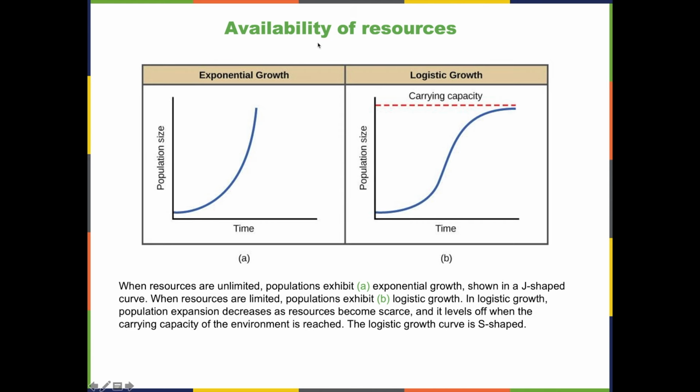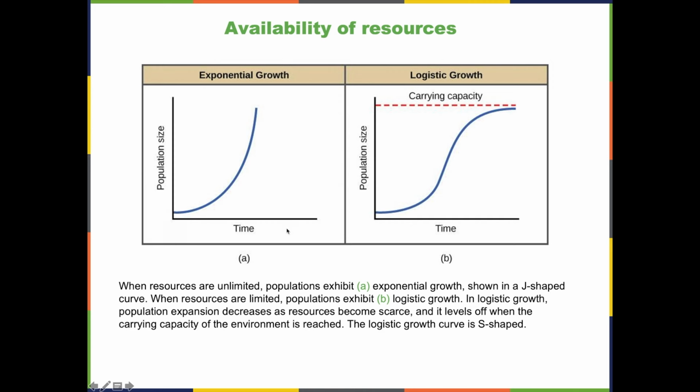Availability of resources is an example of a limitation that is density dependent. Now, we're looking at growth curves under two different conditions. The growth curve shows population size, which is the number of people in the population, over time.